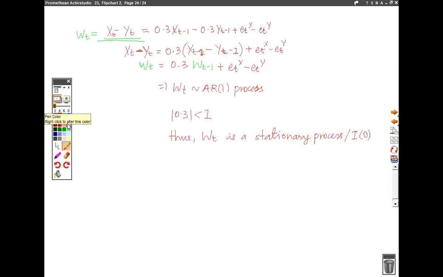There's one more thing I need to see. If I have something like 3 and minus 3 as a co-integrating vector, even this would satisfy the same conditions. So remember, whatever co-integrating vector you have, if you scale that vector up by any constant k, it will still hold the same properties.